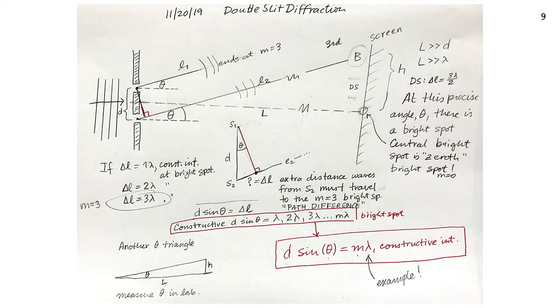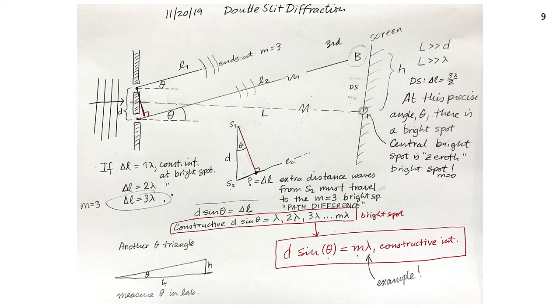Now, if that distance is equal to lambda, your waves, by the time they get out here, are perfect. They're one wavelength behind. One perfect wavelength behind.